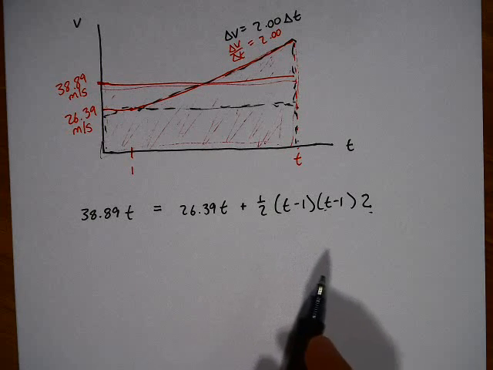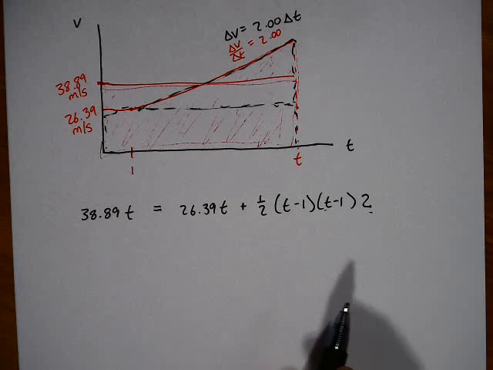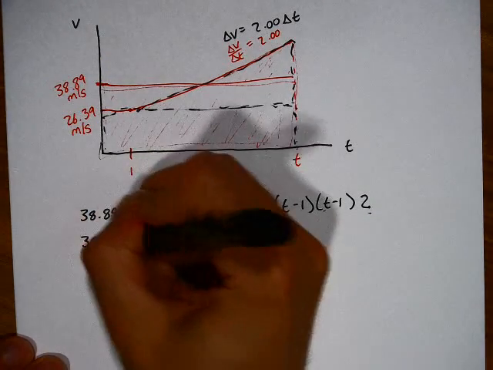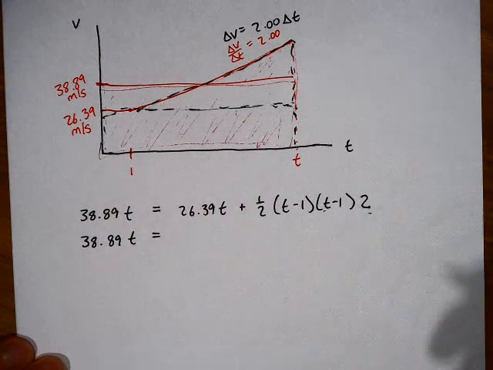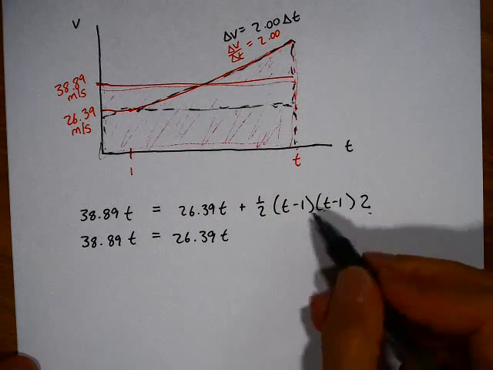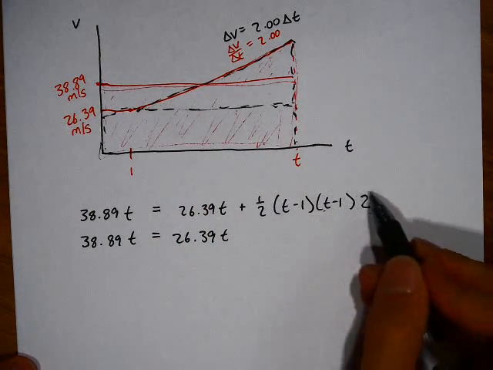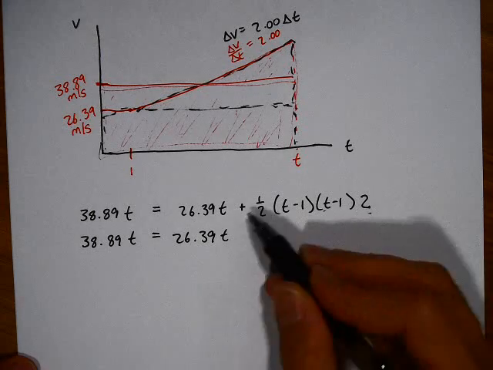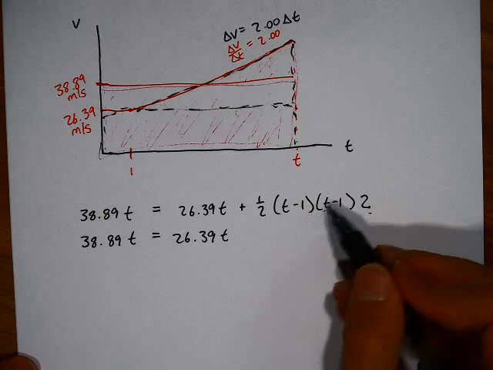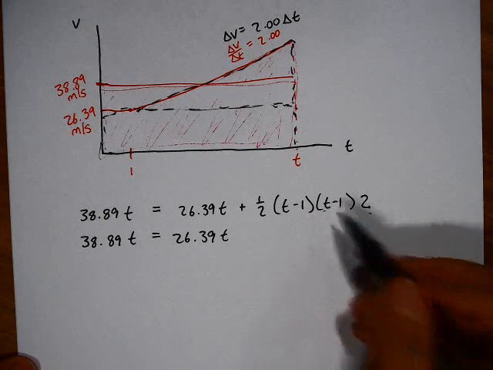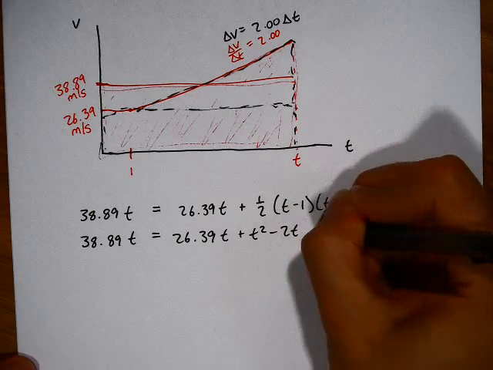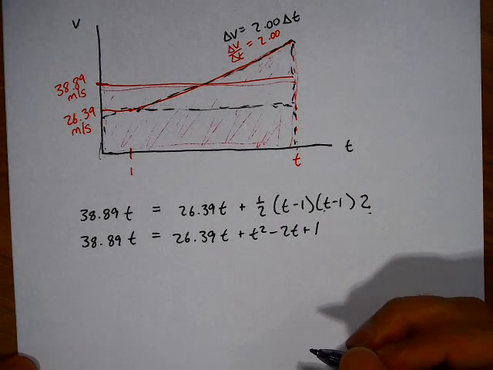Now we can clean this up a little bit. Over here the 1/2 and the 2 will cancel as we multiply all terms together. The t minus 1 and the t minus 1 multiplied out equal t squared minus 2t plus 1.